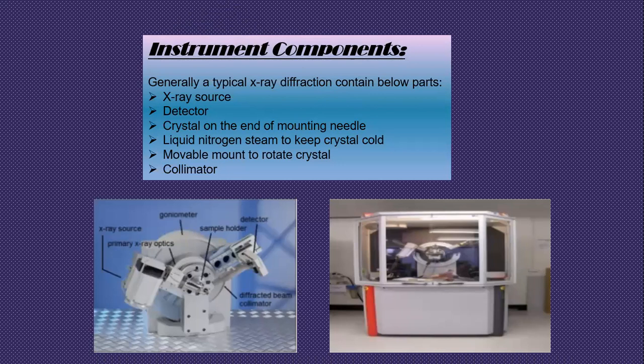First one is the X-ray source, next is the detector, third one is the crystal on the end of a mounting needle, fourth one is a liquid nitrogen stream to keep the crystal cold, fifth one is a movable mount to rotate the crystal, and the last one is a polarimeter. This is the diagram of X-ray: primary X-ray optics, X-ray source, goniometer, sample holder, detector, diffraction beam, collimator.